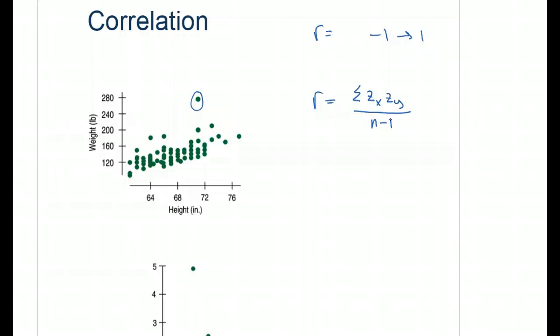So what are we doing here, and why do we have Z scores? The reason we put the X and Y variables, the data, in as Z scores is because Z scores have no units. They're on the same scale. Here we have inches, and the scale goes from about 60 to 76, and here we have pounds, which is a completely different scale.